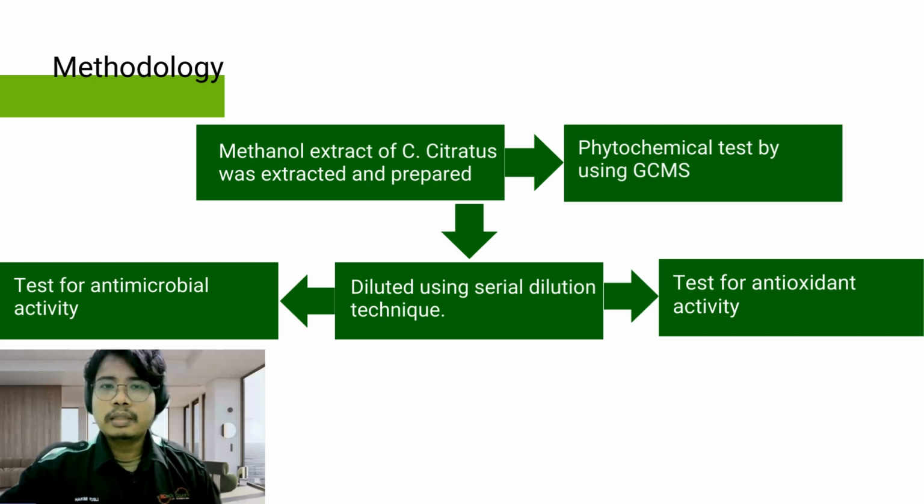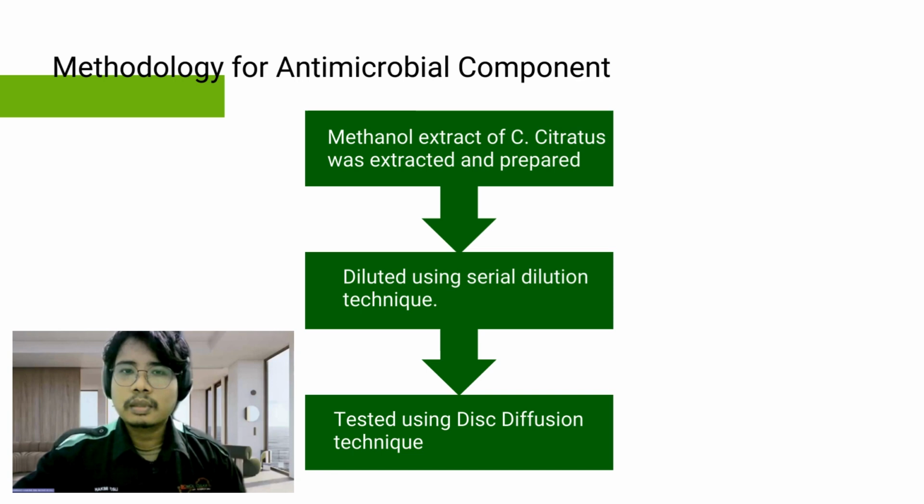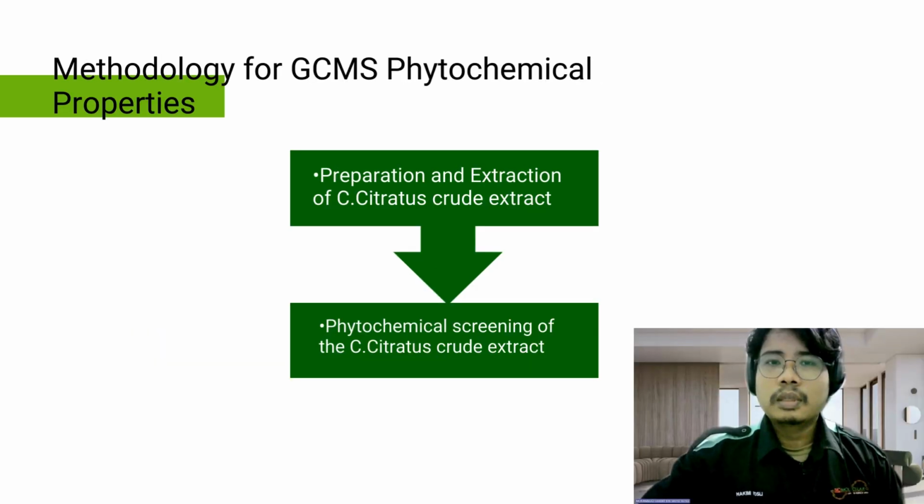As you can see, this is the general methodology for the study, which includes the diffusion method used for antimicrobial activity and antioxidant activity. For the antimicrobial activity method, the diffusion method was used to detect any potential inhibitory effect on pathogenic strains.